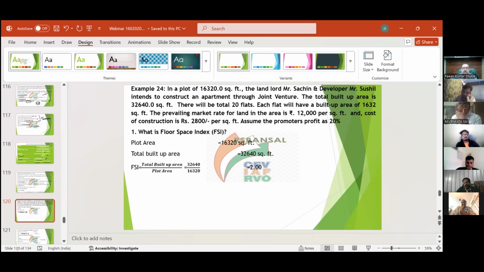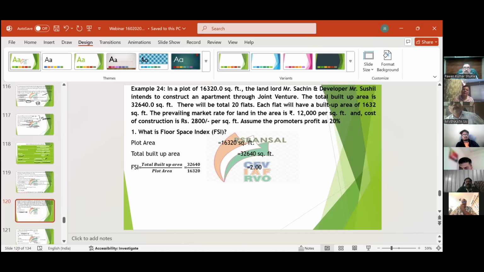Each flat will have a built up area of 1,632 square feet. The prevailing market rate for the land in the area is 12,000 per square feet, and the cost of construction is 2,800 per square feet. Assume the promoter's profit as 20%. You have to answer certain questions.